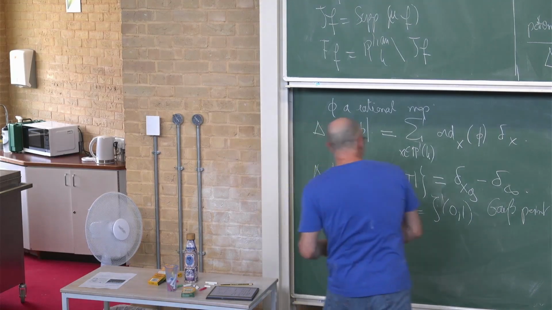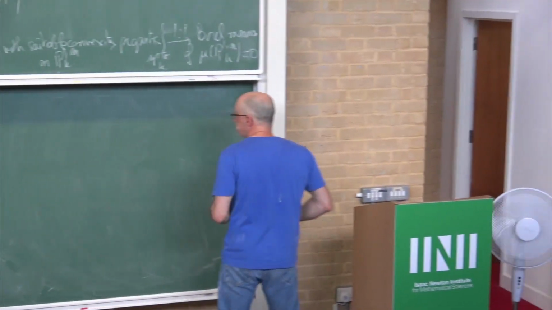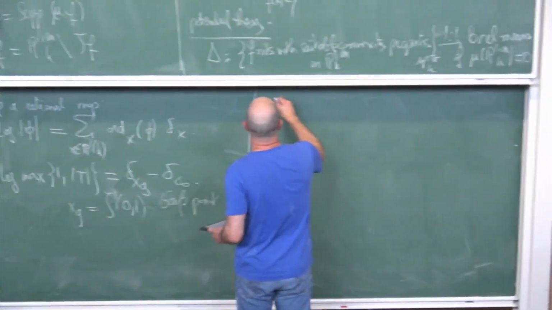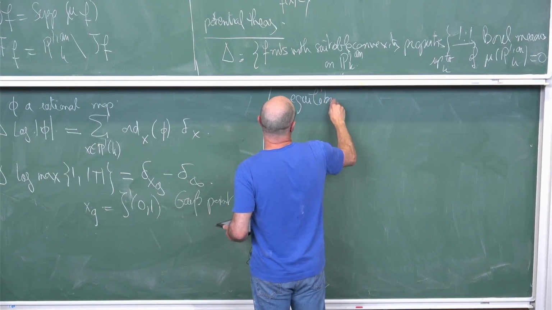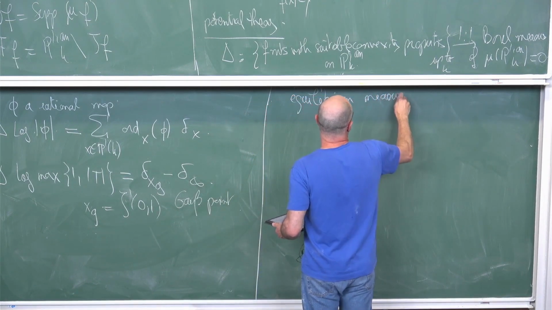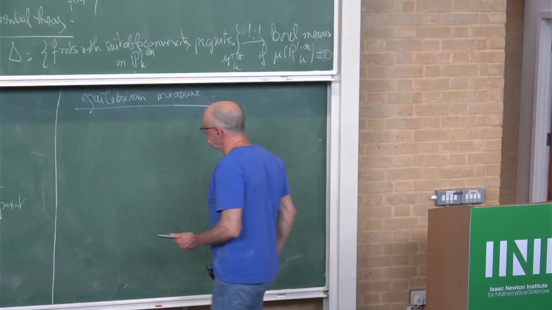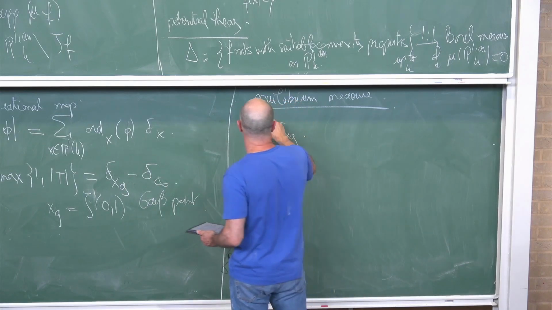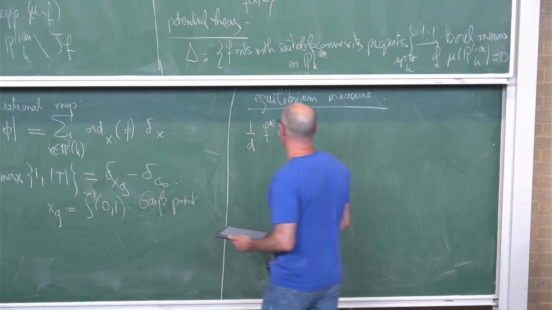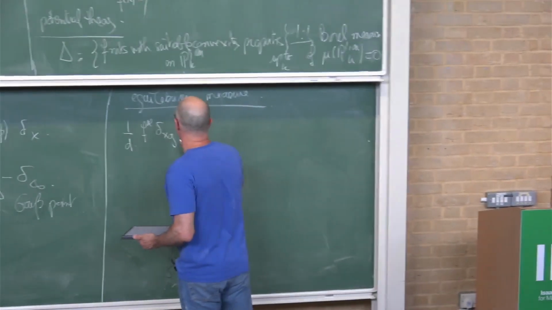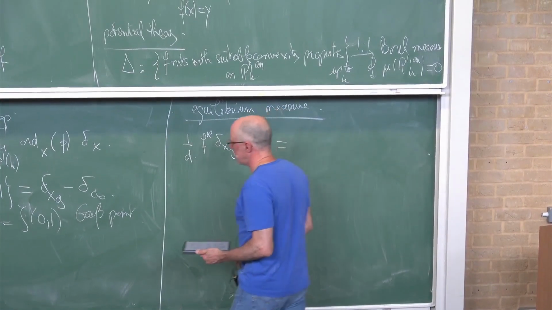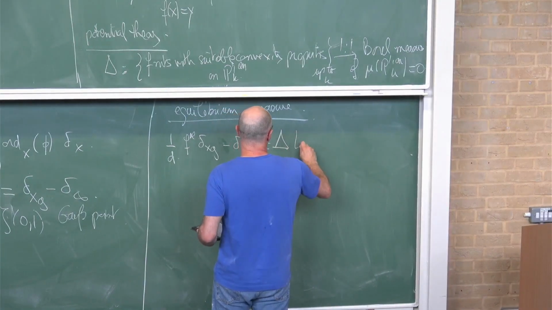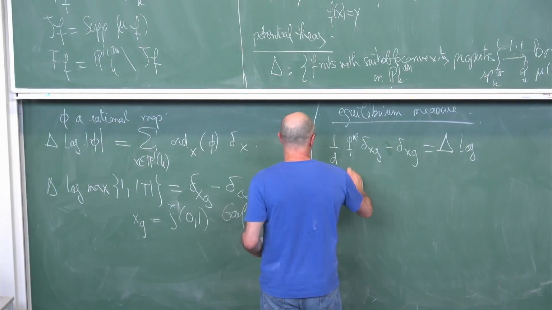Okay. So now how do you define this equilibrium measure? So what you do, you start with the delta mass at this point, you pull it back, you divide by d, so this is a probability measure, and now you subtract the delta mass at xg. Playing around with this kind of formula, what you can show is that this is a Laplacian of the log. So remember, f is, let's say, p over q.